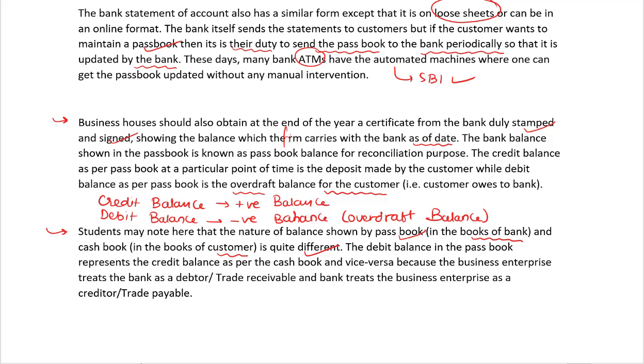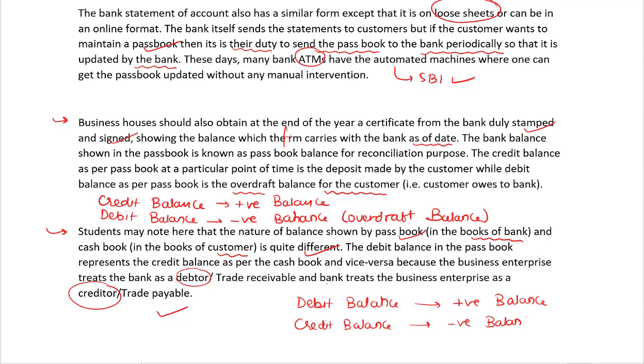Because the business enterprise treats the bank as a debtor or trade receivable, and the bank treats the business enterprise as a creditor or trade payable. So we can say that debit balance means positive balance in the cash book, and credit balance means negative balance in the cash book.